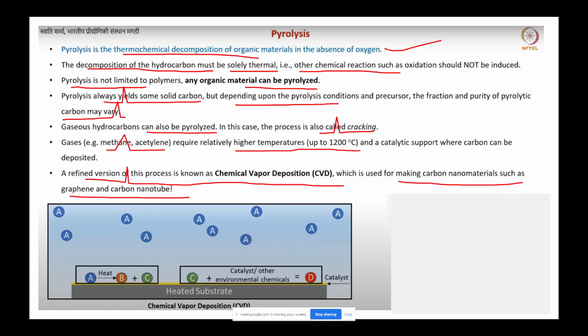Suppose this is your heated substrate, and there will be an atom A, and this atom A will come and hit atom B. So there will be the generation of C, in the presence of the catalyst or other chamber environment. Here the catalyst is coming. Mainly the heated substrate is also used in this case. But as I said, for the details of this process you can watch the lectures. I am just giving you a brief.